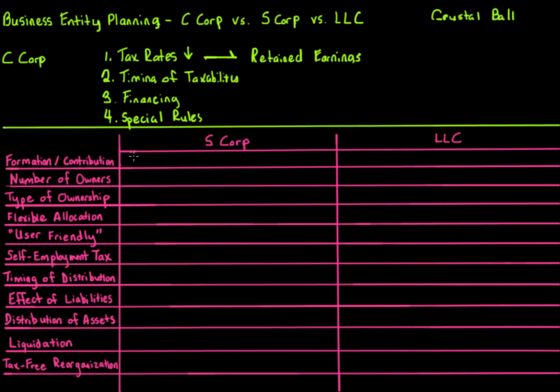For the S corporation, we had Section 351, and that was the non-recognition rule that applied, but you had to have 80% or more ownership in the stock of the corporation. 80% or more.